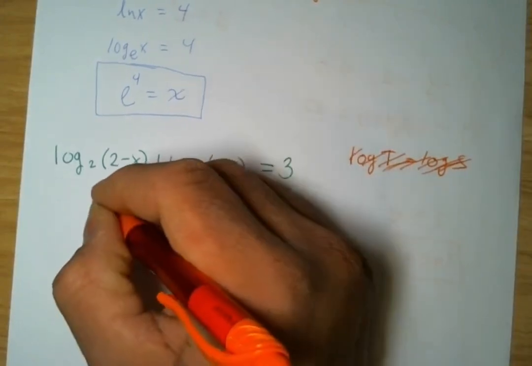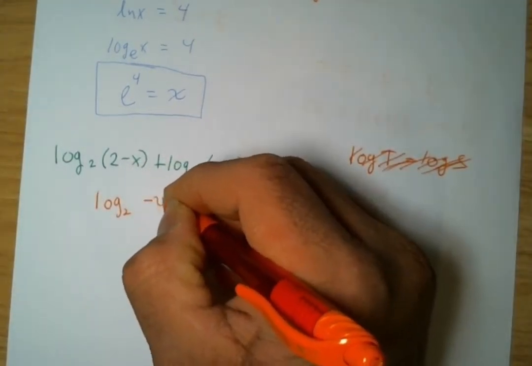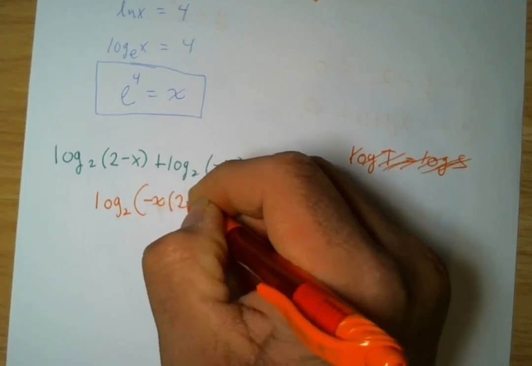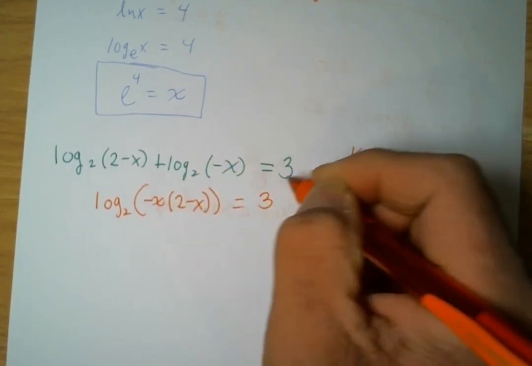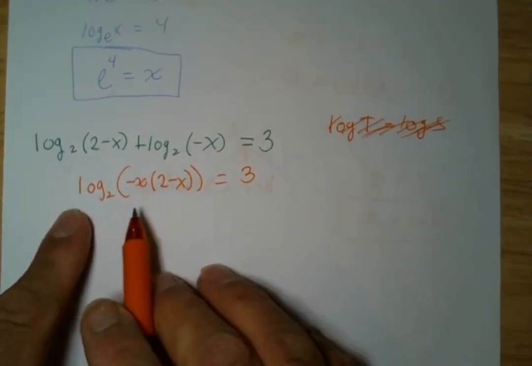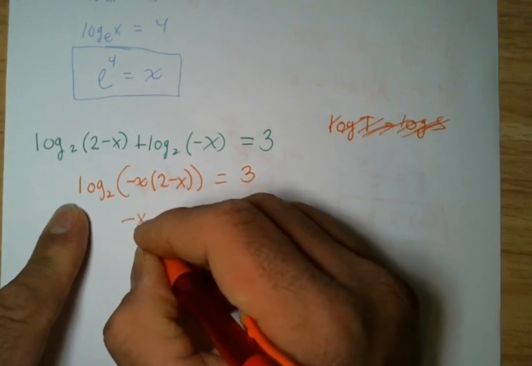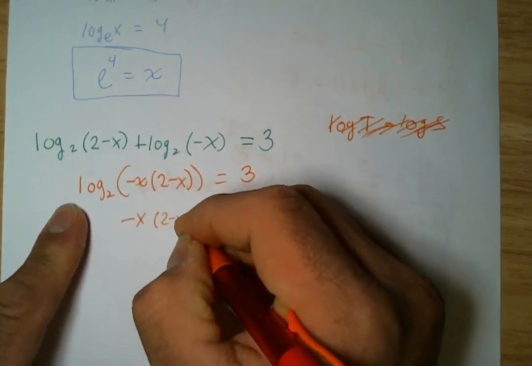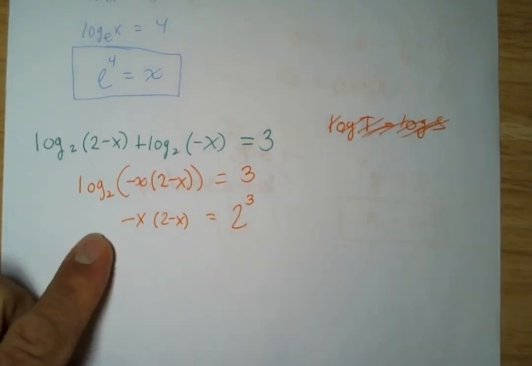So now I can write log base 2 of negative x times 2 minus x is equal to 3. And using the definition of a log, we have 2 raised to the 3rd power. So on this side, we'll have negative x times 2 minus x equals 2 to the 3rd power.